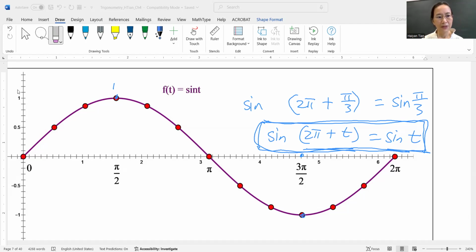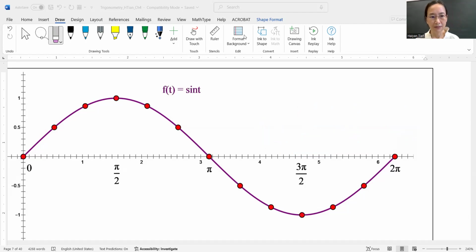So the graph of the sine function is, since we draw one period of the sine function, you see from 0 to 2 pi, then you can imagine that the next period will be the same because... okay, so let's go ahead, look at two periods of the sine function.